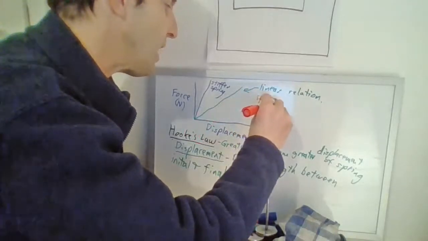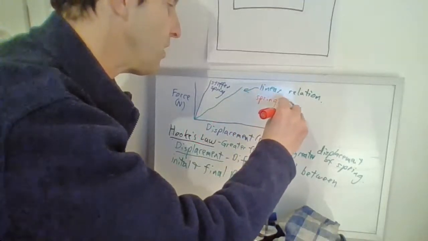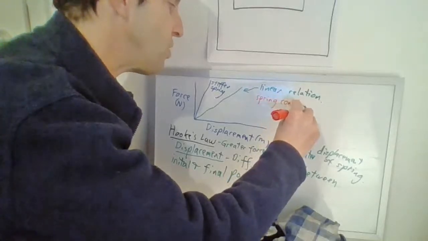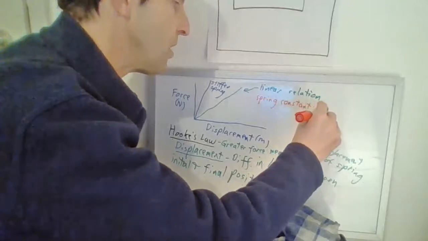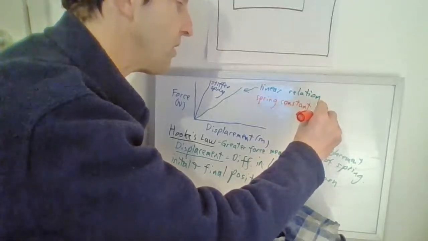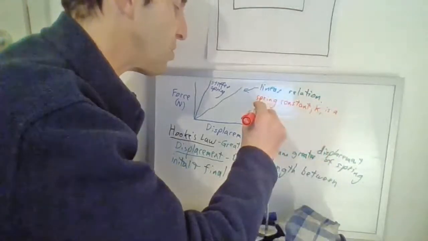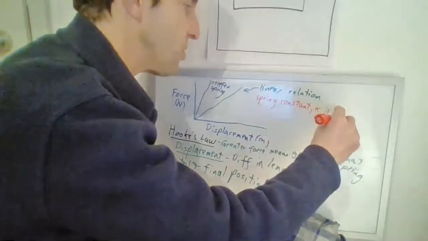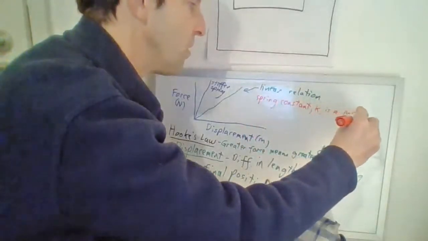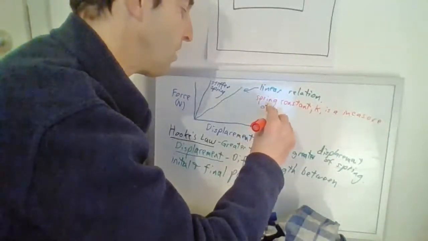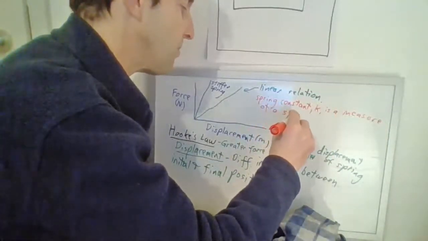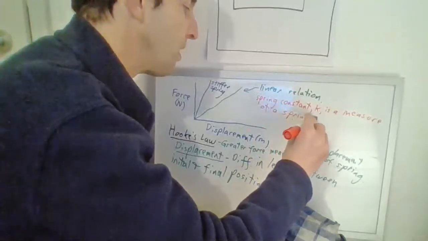So a spring constant, and physics uses a small k for this, is a measure of a spring's stiffness.